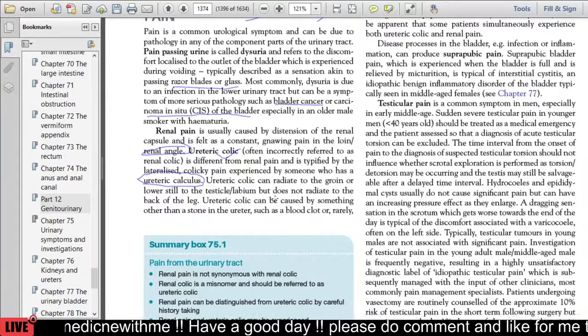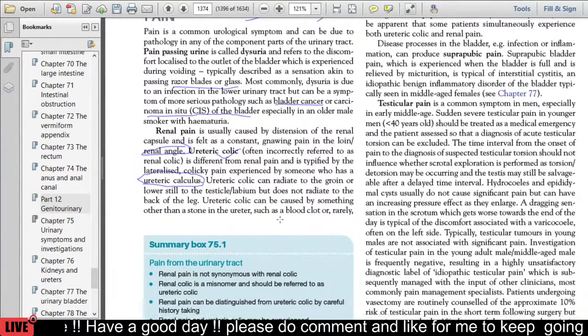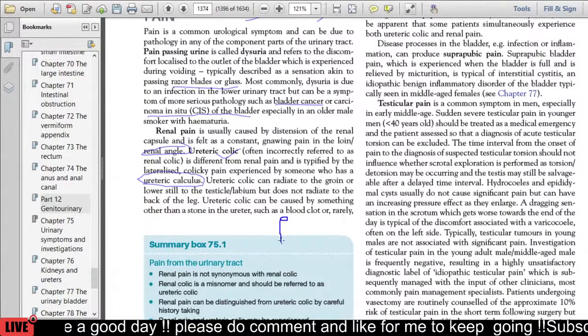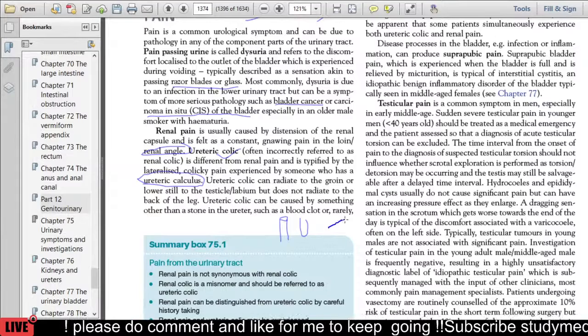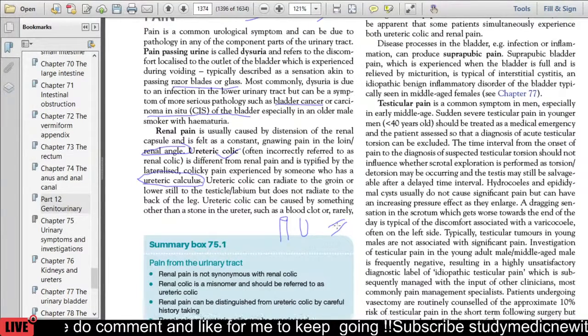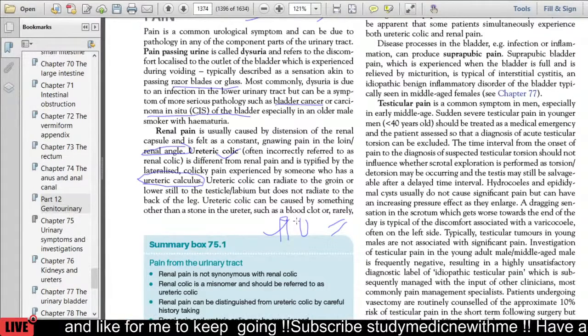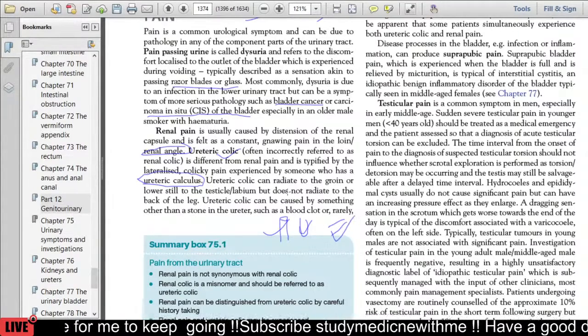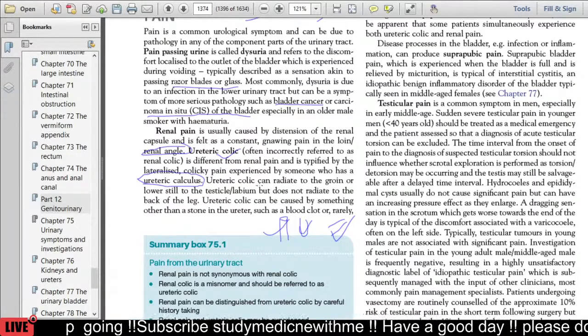Colic pain mostly occurs in hollow tubes, such as ureters, gallbladder, and the lumens of intestines. So in those structures there is experience of colic pain.